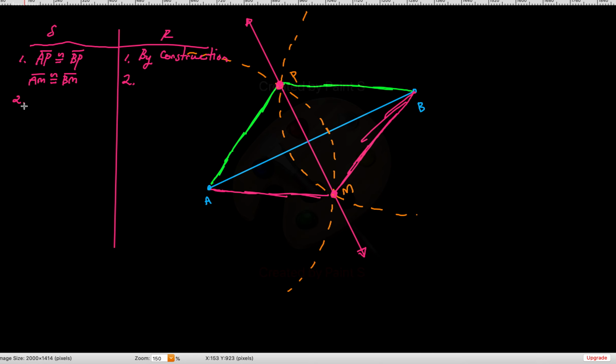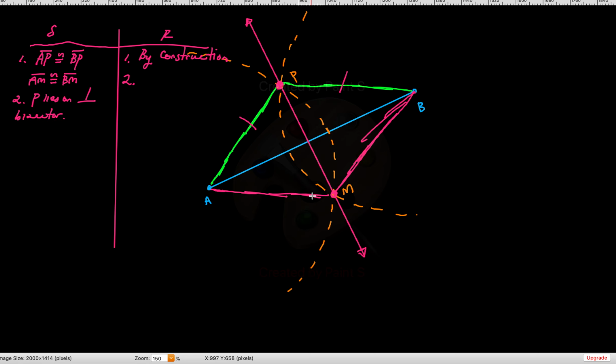2 is going to be that once you have that this is congruent to this, then what is that saying about P? P is equidistant from the endpoints. By the perpendicular bisector theorem, if P is equidistant from the endpoints, then P lies on the perpendicular bisector. P lies on perpendicular bisector.